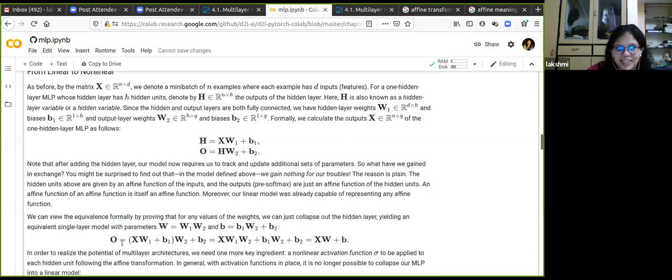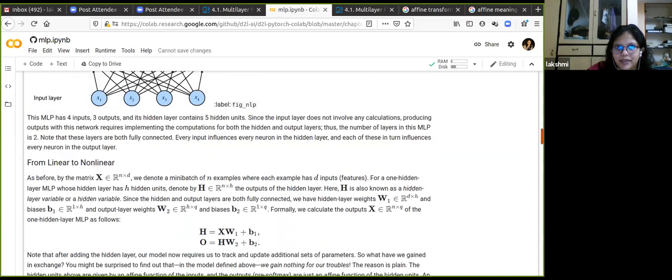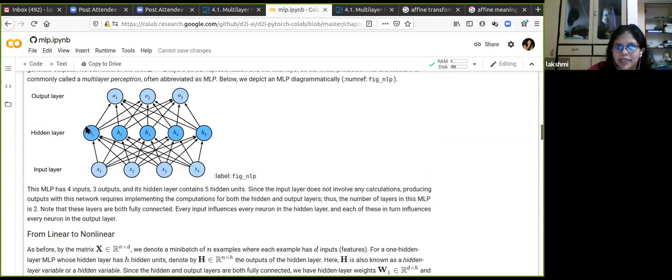The hidden units above are given by an affine function of the inputs, and the outputs, which are pre-softmax, are just an affine function of the hidden units. That is, simply parallel multiplication is happening there, like x1 into h1, x1 into h2.